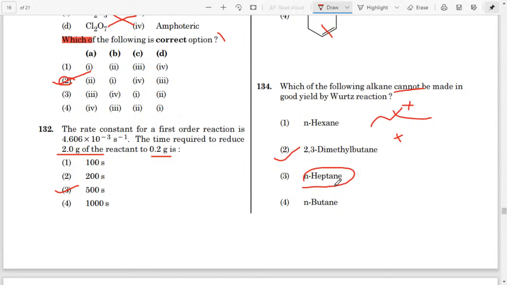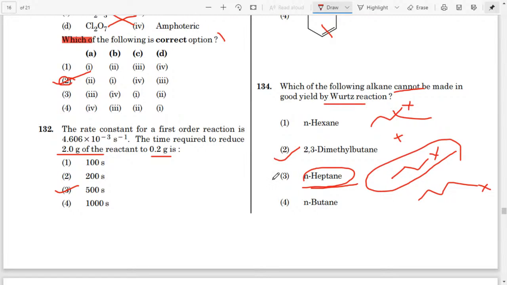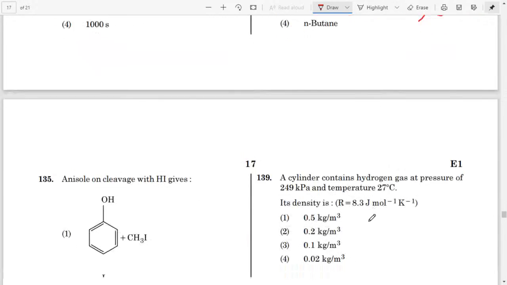But heptane, if I want to make heptane, I should take halopropane and halobutane, right? So 7 carbons, but if we take only one mixture, it is going to undergo self condensation to give chain elongation products from the Wurtz reaction. So the option number 3, n-heptane, is the correct option, students.